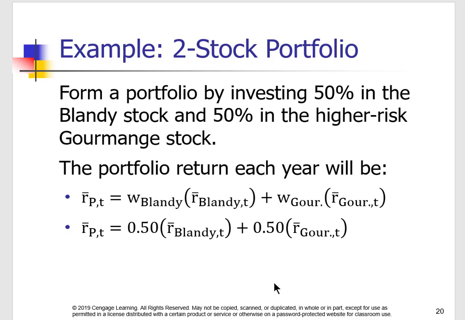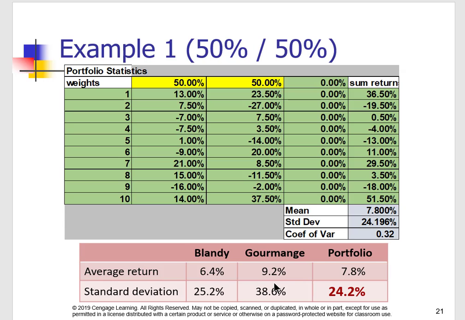So in this case, we have 50% of our money in Blandy, 50% in Gourmand. And again, here we have our statistics. 7.8% is our rate of return. 24% is our standard deviation.